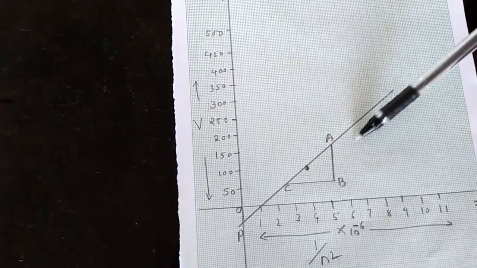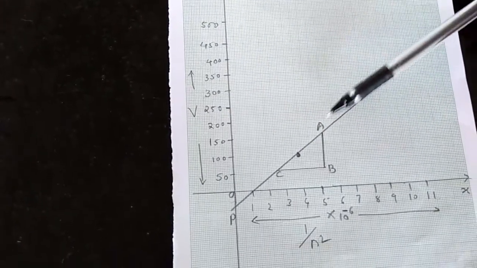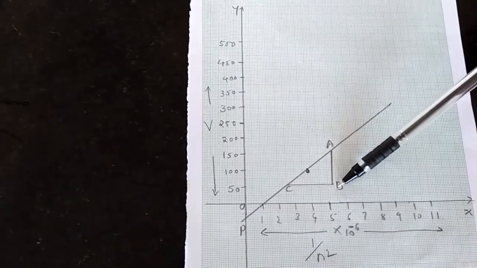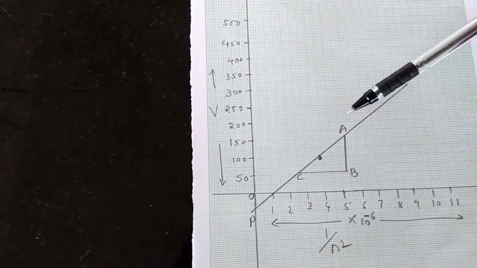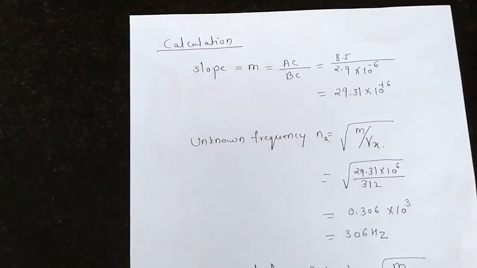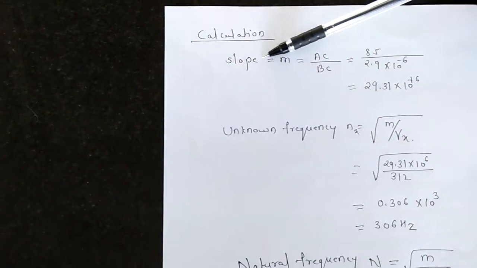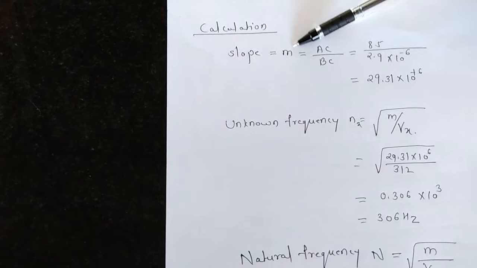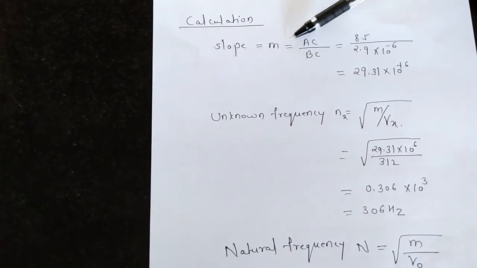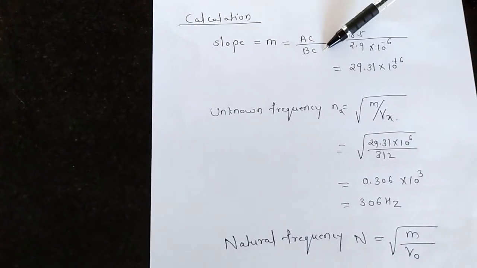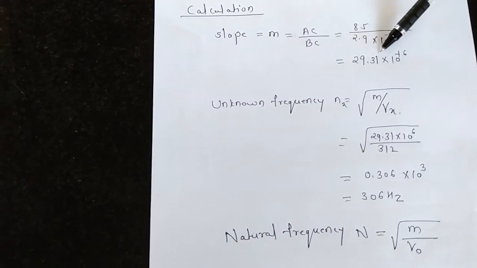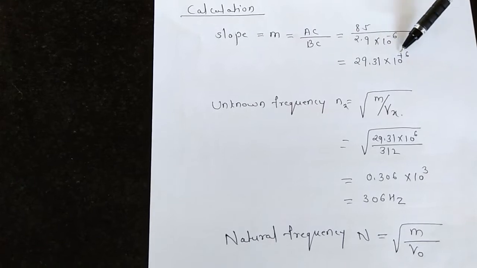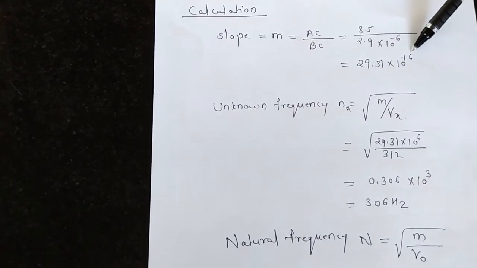So we are getting here a straight line graph, and from the graph we can find the slope, that is m is equals to AC upon BC, and we are getting the value as nearly 29.31 into 10 raised to plus 6.